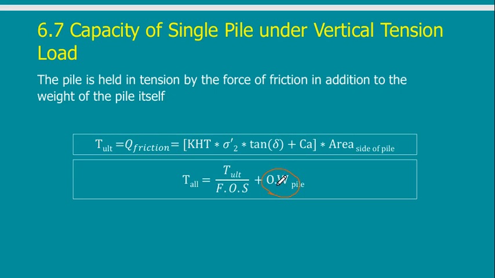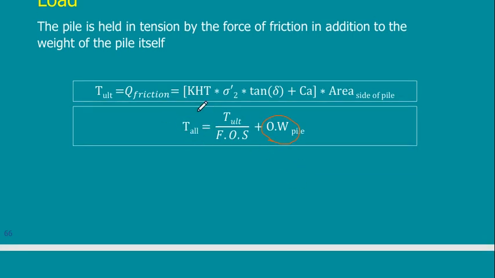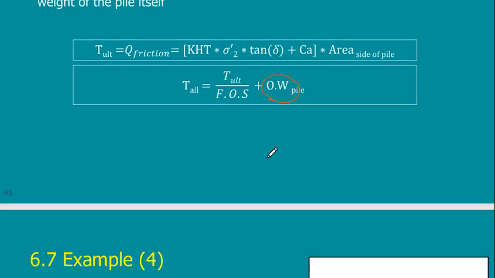I don't need to put any factor of safety for it. So this will be the allowable. So the difference in calculating the tensile capacity is that I only take the portion for the friction divided by the factor of safety to get the allowable, and add to it the own weight of the pile.